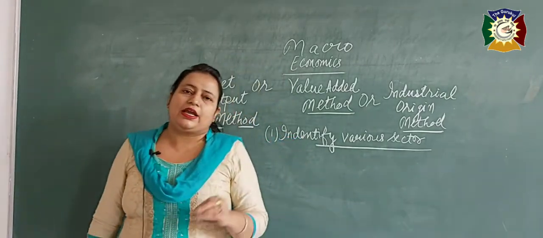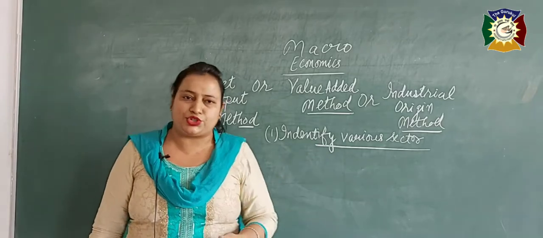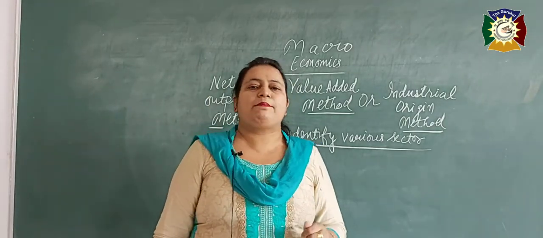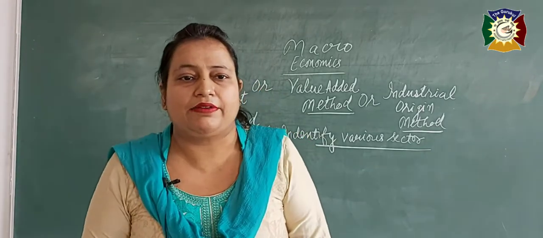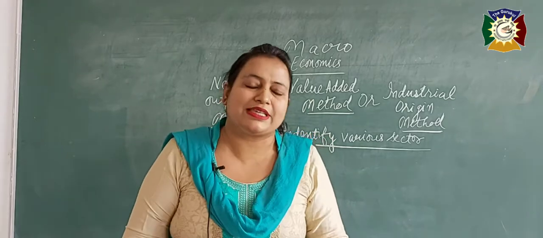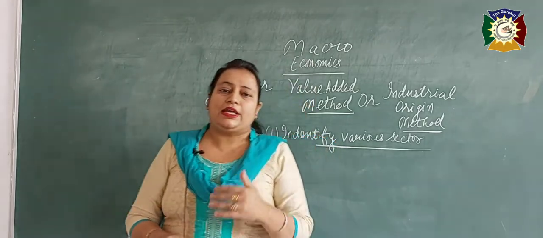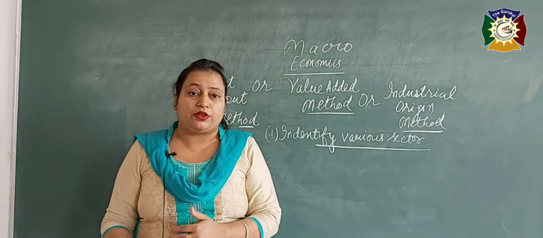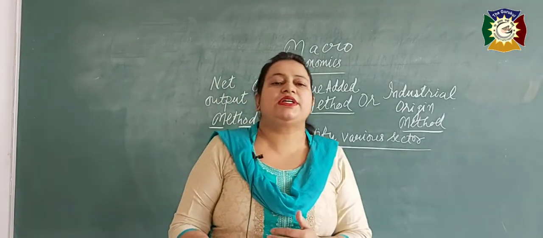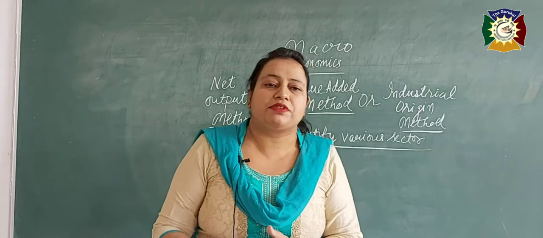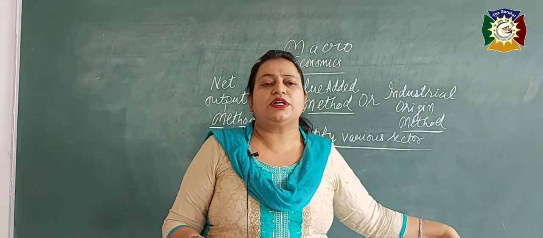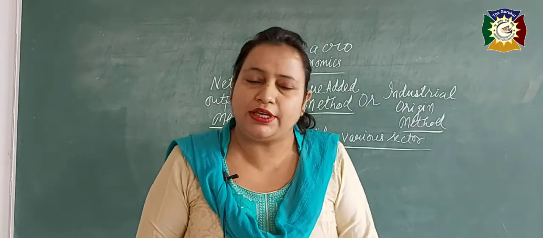The primary sector includes agriculture and others. The secondary sector is the manufacturing sector that converts raw material into finished goods. For example, sugarcane is used to make sugar. It means that is manufacturing. Third is the tertiary sector, that is for services. If any one sector is not here, the work cannot be done easily.